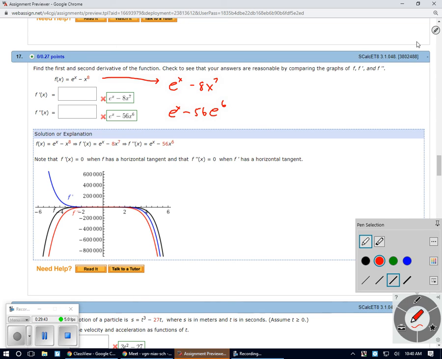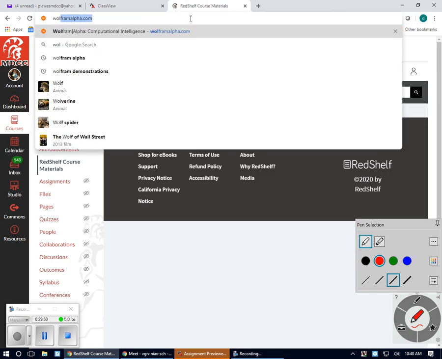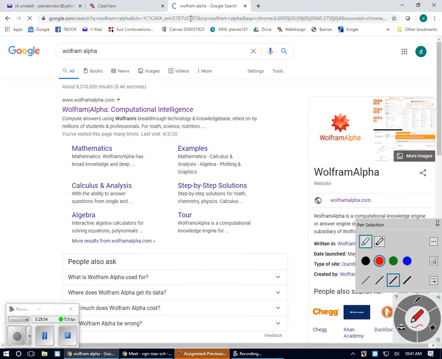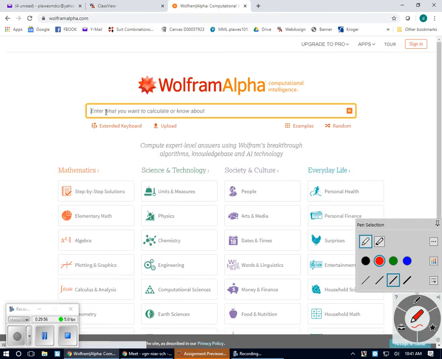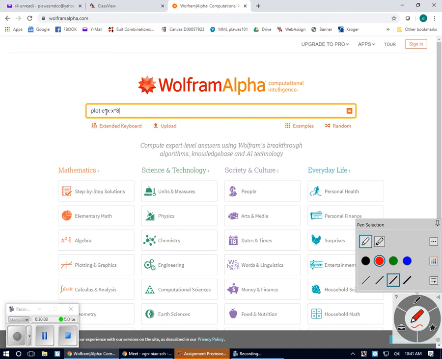And if we look at a graph of e to the x minus x to the 8, which I'll take a second to do here, plot e to the x minus x to the 8.